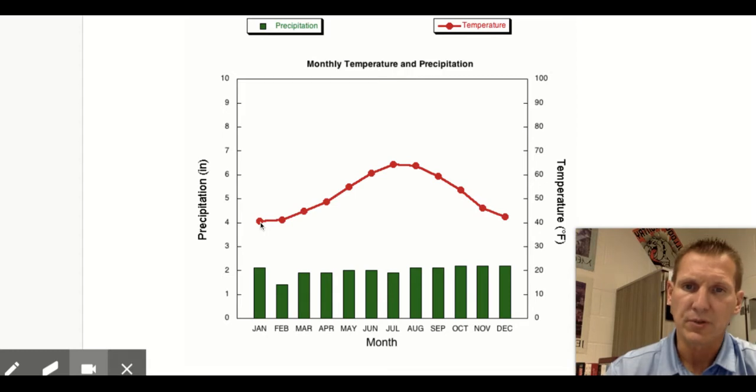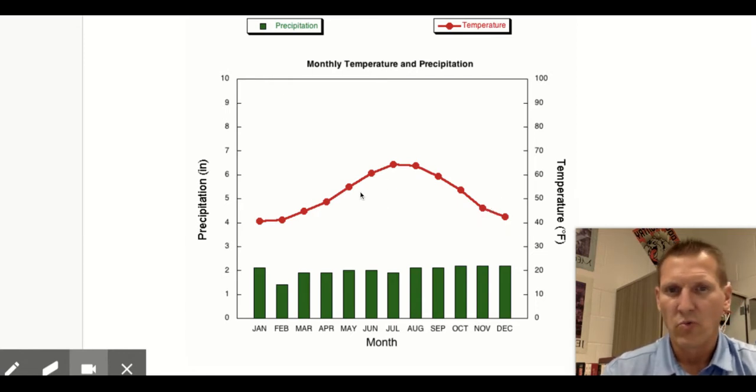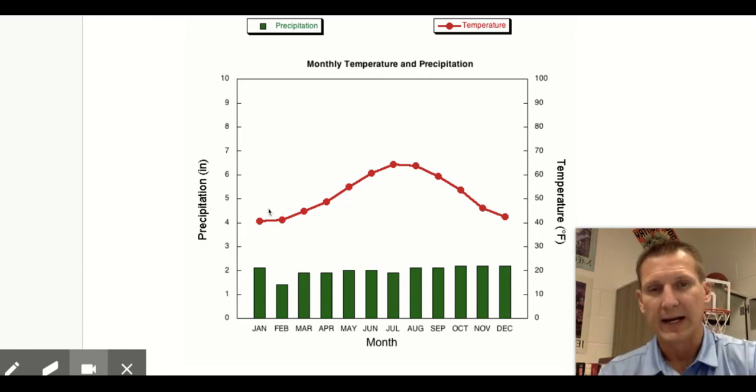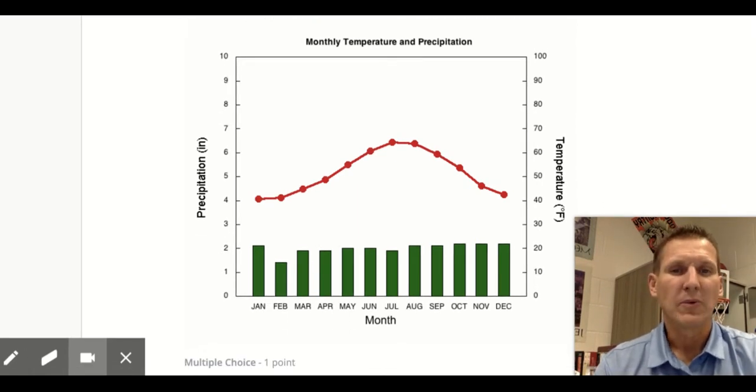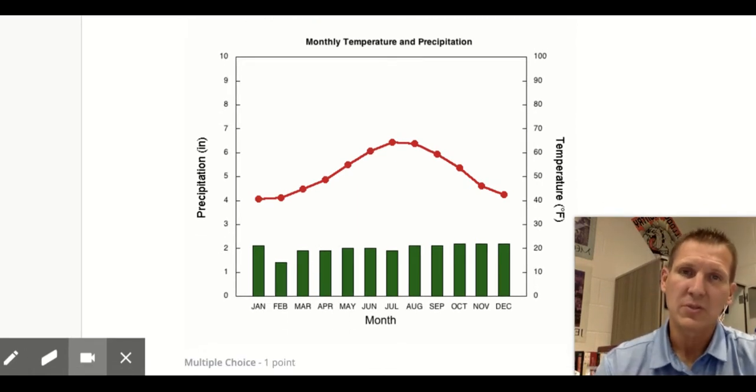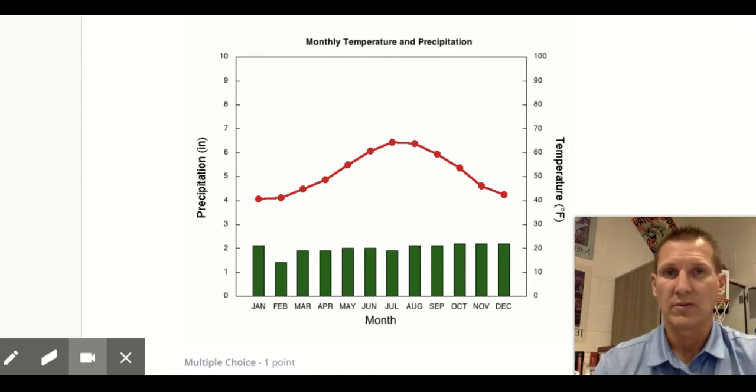You'll notice the temperatures in the 40s to the 60s. This is not hot summers, but it's also not cold winters. So where might you have fairly consistent, actually really consistent precipitation and fairly consistent temperatures as well? Well, what would do that? Well, a large body of water keeps temperatures and precipitation more consistent throughout the year.